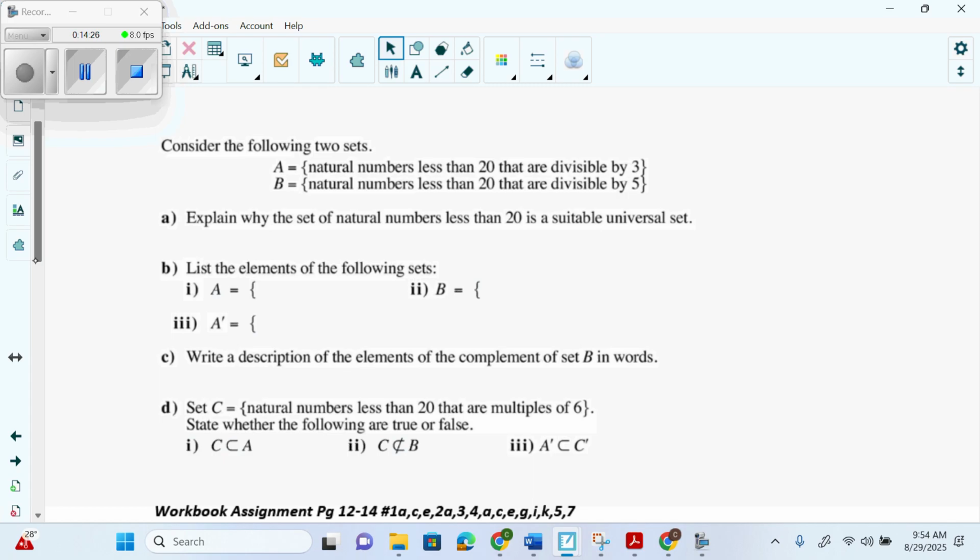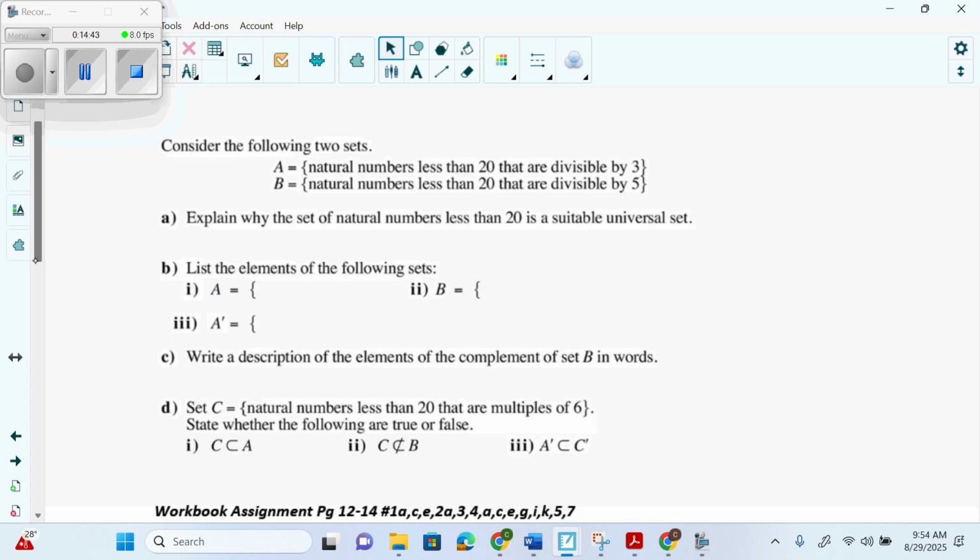What are the limitations on A and B? You're only allowed to use what? The natural, what does it say? Natural numbers less than 20. Both of them state that, correct?